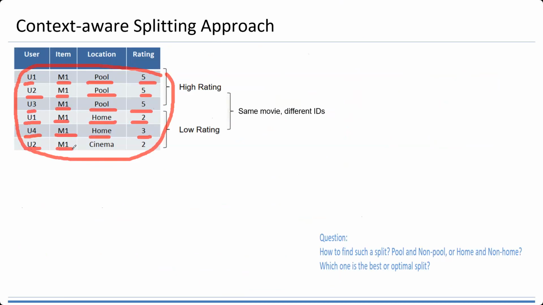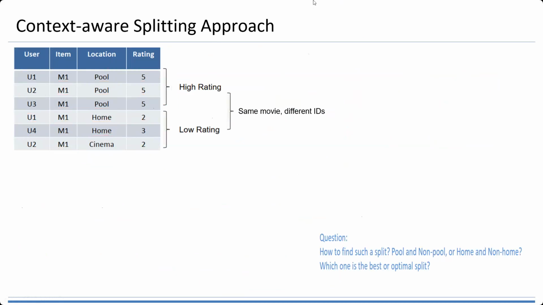User 2 watched movie 1 in the cinema and the rating is 2. So if you look at this, those are high ratings and those are low ratings. It was the same movie, but with different IDs and different contexts.